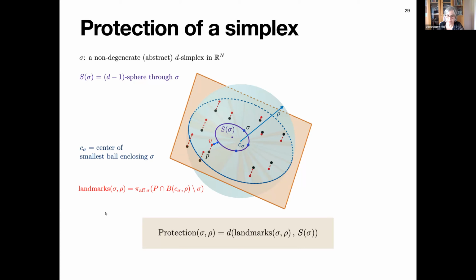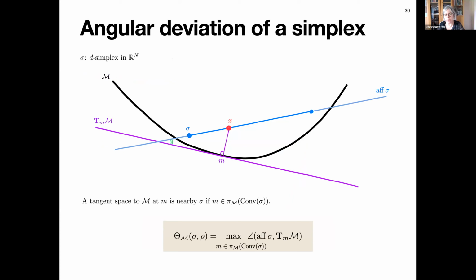We will also need to express conditions under which the Delloc complex will be a faithful reconstruction. We will also need to control the angle that the simplex sigma makes with the manifold.